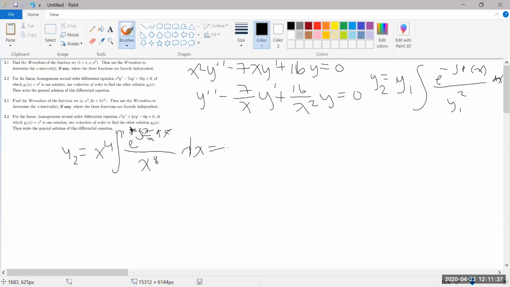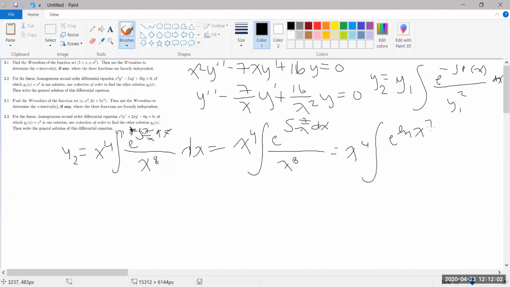Okay, simplifying this, you get x to the 4th times the integral of e to the 7 over x dx over x to the 8th, and that's going to equal x to the 4th times the integral of e to the natural log of x to the 7 over x to the 8th.